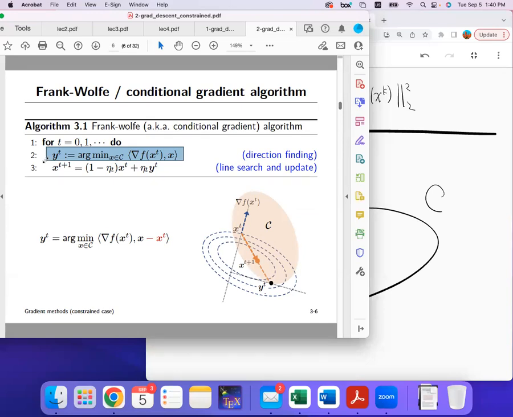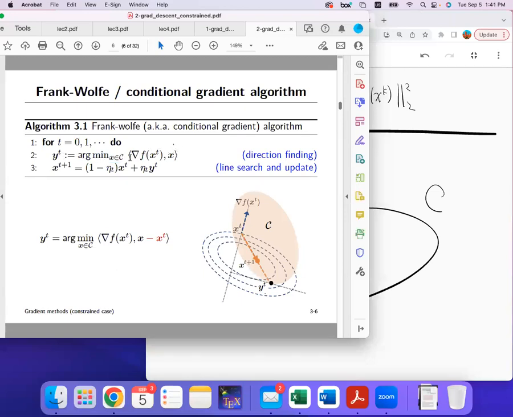If you look at this optimization problem, we are optimizing this linear function. It's an inner product between your current gradient and x. This is a linear function in x. So you minimize this linear function over your constraint set. Now you assign the minimizer.